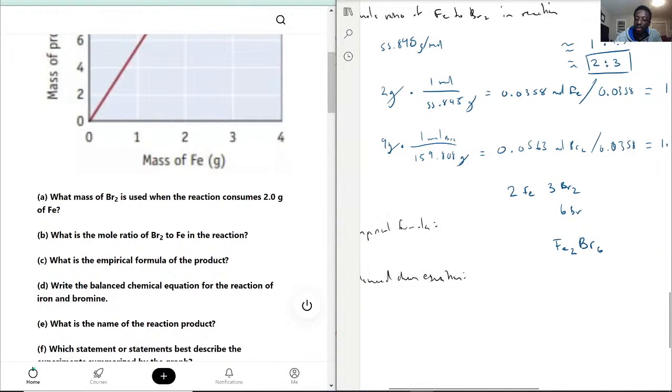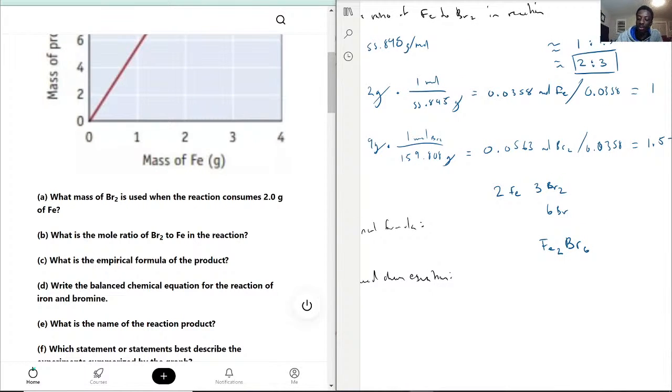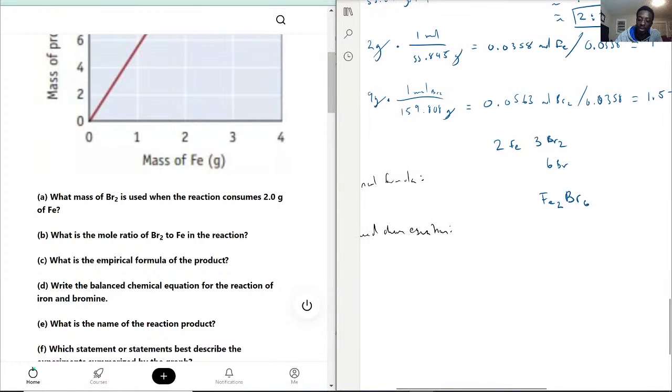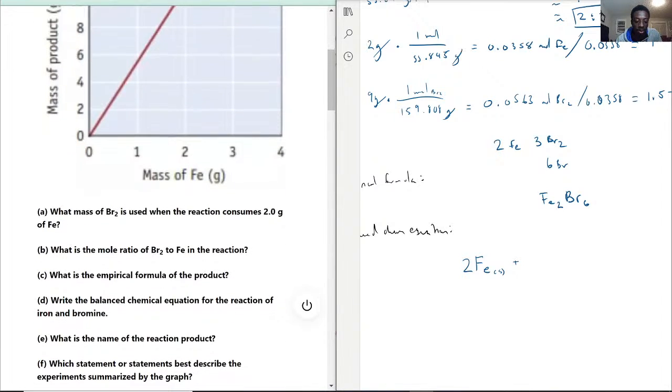Okay, for this, because we have Fe2Br6, we can actually do, in a simplified form, 2Fe solid plus, and let me check here, liquid bromine, perfect.